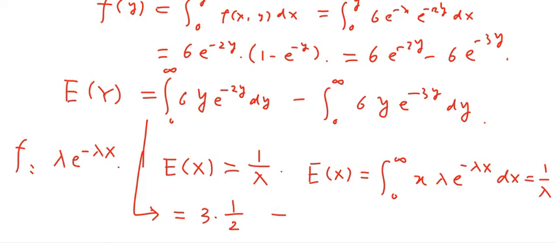And for this one, e^(-3y), we let lambda equal 3. So this is 2 times 1 over 3. So this equals 3 over 2 minus 2 over 3. So this equals 5 over 6.